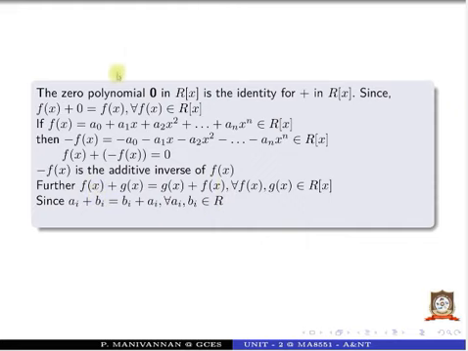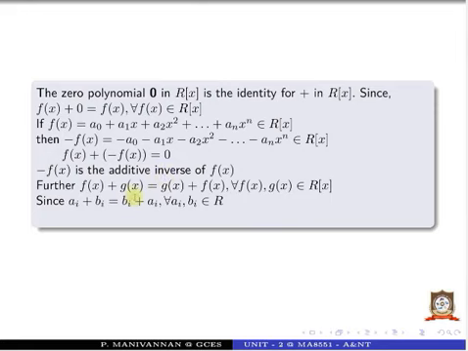So in the previous slide we already proved that under addition it is closed and also associative. Here the identity element is established, and the additive inverse is also found. Here we also have the commutative property.